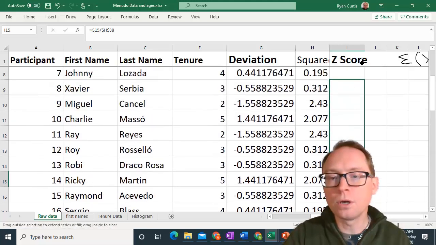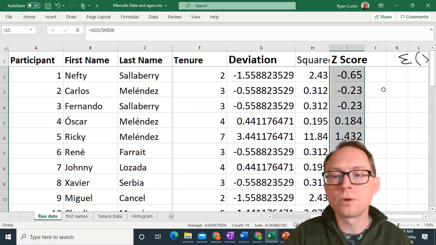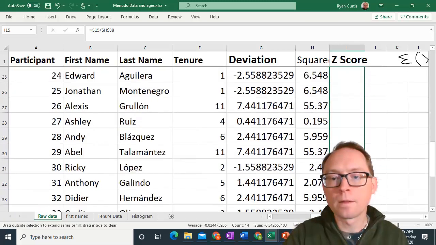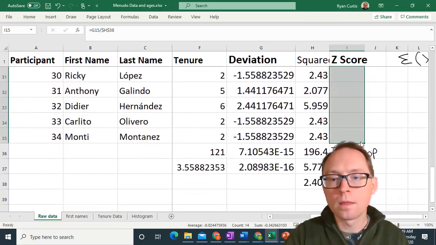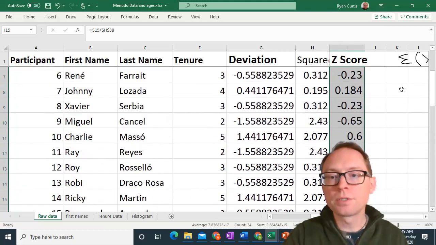So let's get everybody's z-scores. I got to get everybody else down here as well. Okay, now we have every person's z-score.